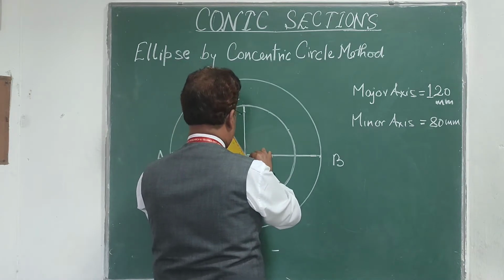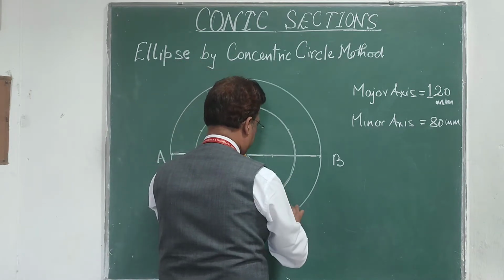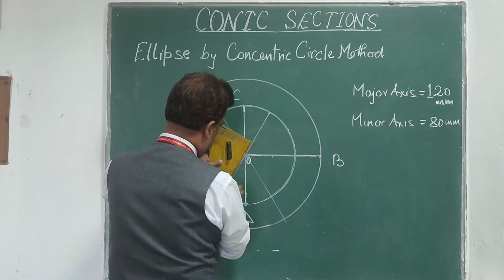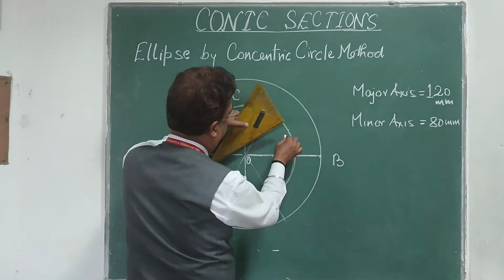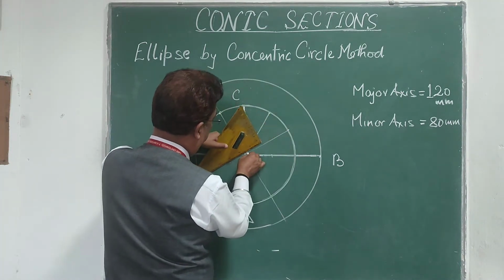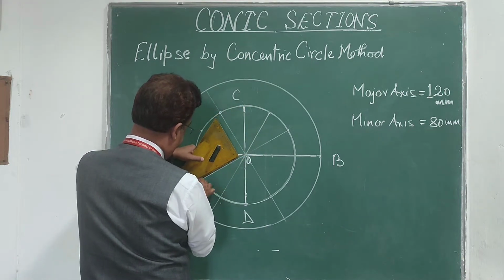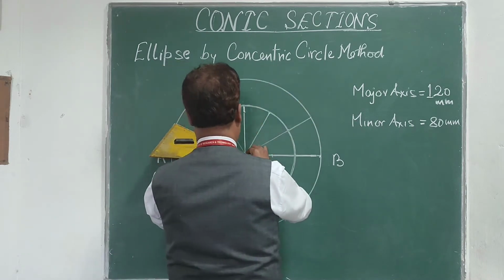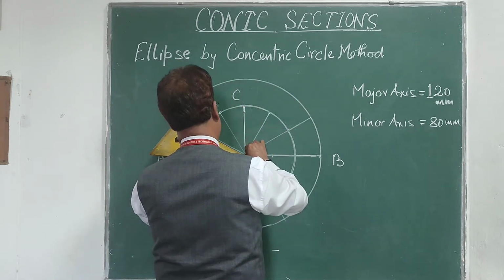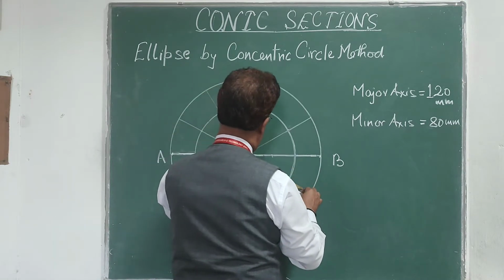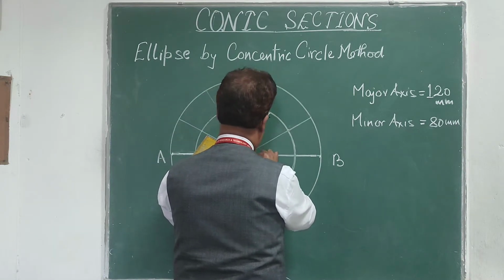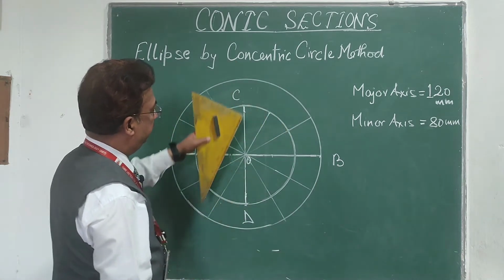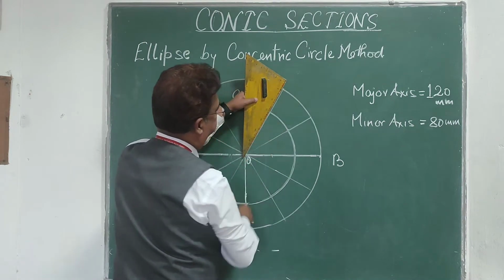When we draw these lines, the bigger circle will also be divided into 12 equal parts. So this way I have divided both the circles into 12 parts.